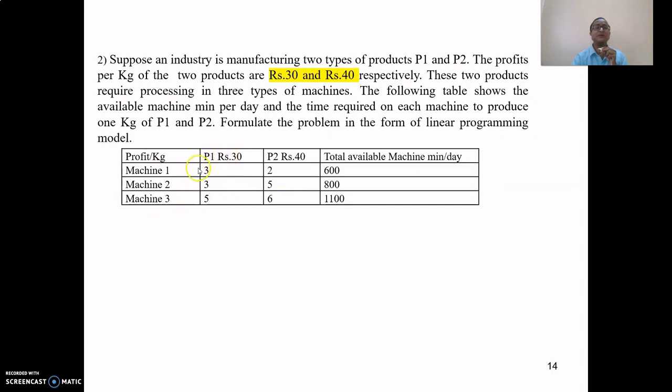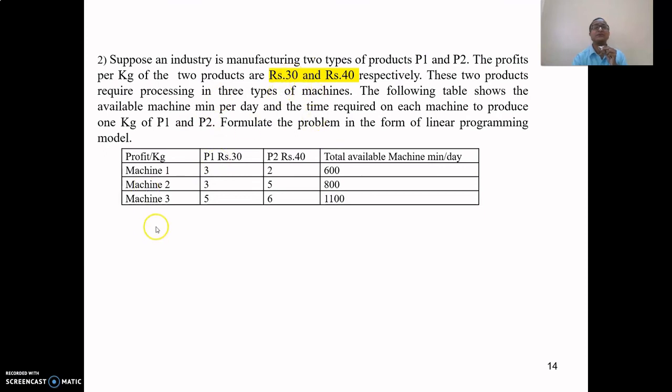Product P1 on machines 1, 2, 3 takes 3, 3 and 5 respectively, while product P2 on machines 1, 2, 3 takes 2, 5, 6 respectively, and the availability of machines M1, M2, M3 is 600, 800 and 1100 respectively. Now we have to find out the production of P1 and P2 to maximize the profit.